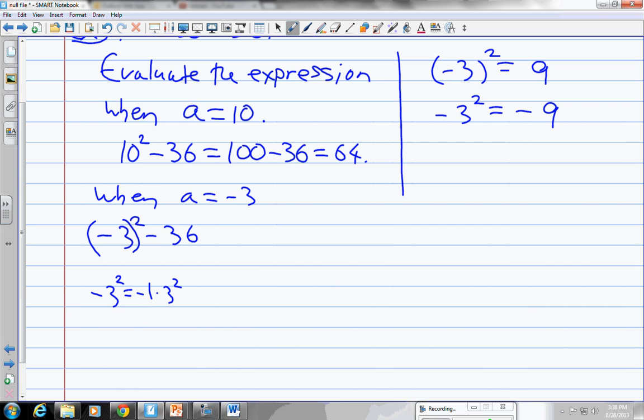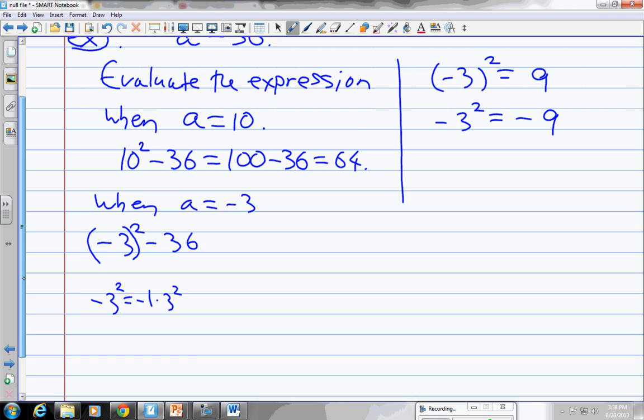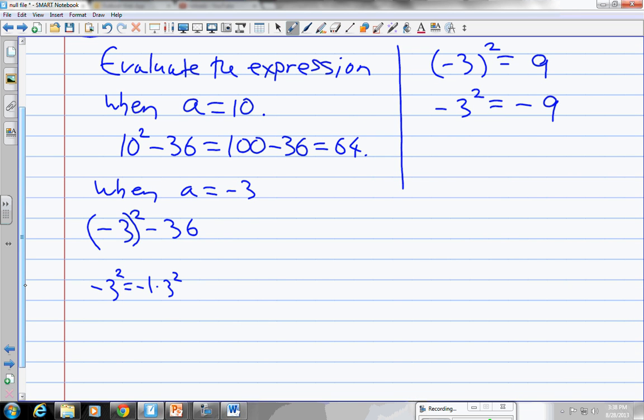Now in our problem, it was asking to square a, whatever a equals. So since a was negative 3, I have to square the entire negative 3. So the negative sign becomes a part of the square. And believe me, this is a very common confusion among all students, no matter where you're at.